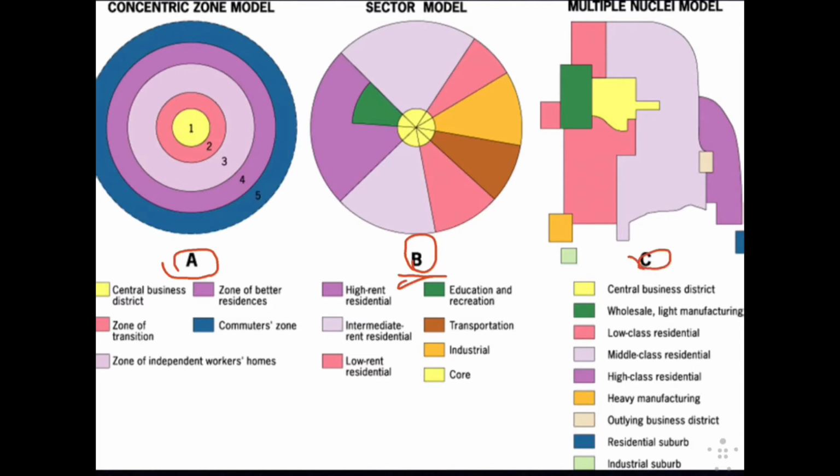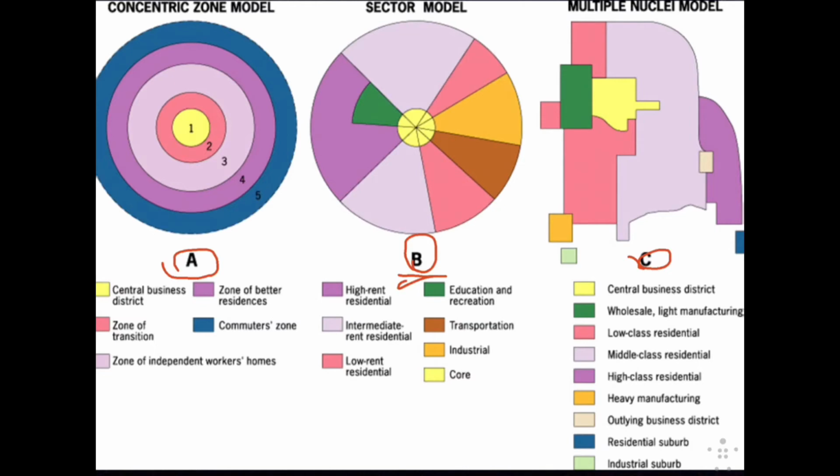Then C, the multiple nuclei model. The concentric and sector models assume urban growth and development outward from a single central business district, which originally had been the size of the first settlement. The multiple nuclei model, developed in 1945 by geographers C.D. Harris and E.L. Ullman, counters that large cities develop by spreading from several nodes of growth, not just one.